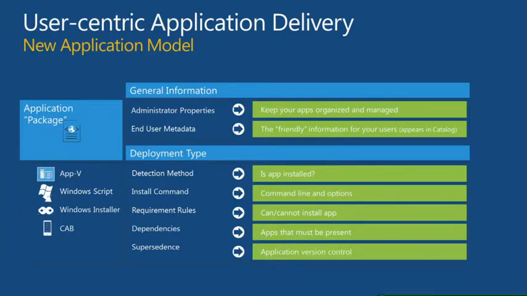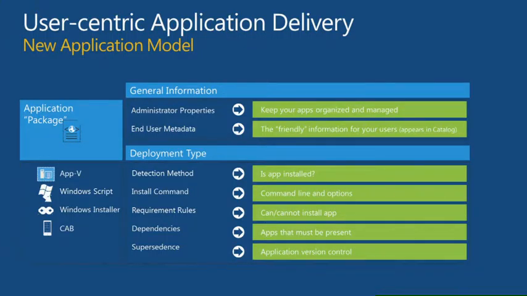We are able to detect the state of that application on the client, meaning Configuration Manager is able to understand whether that app is installed or not, and whether that app should be installed or not. The way we do it is we are able to understand the product code and inspect on an ongoing basis whether the application is there or not.